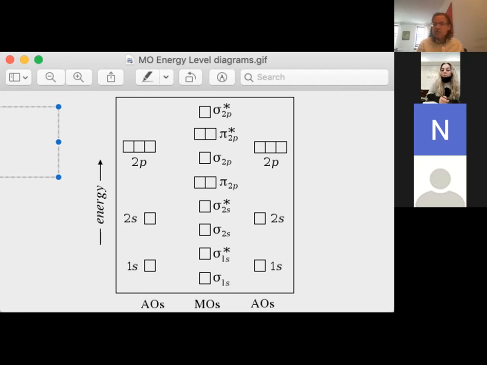For oxygen, fluorine, and neon, there's actually a different diagram. So let me show you the different diagram. Let me stop sharing. And then let's share. So I gotta find the right one. Is it this one?